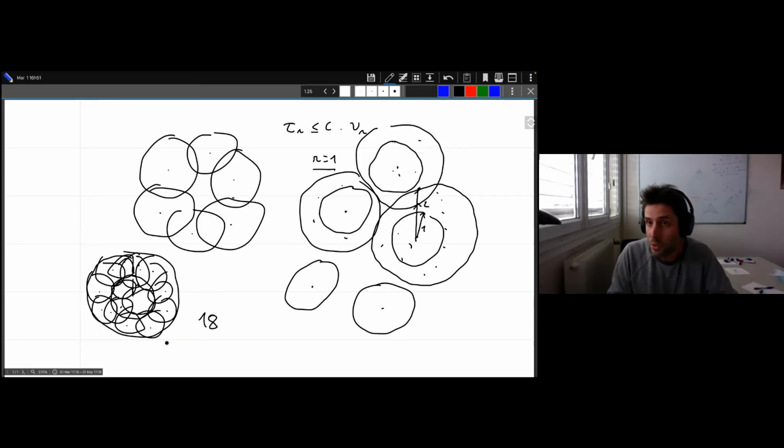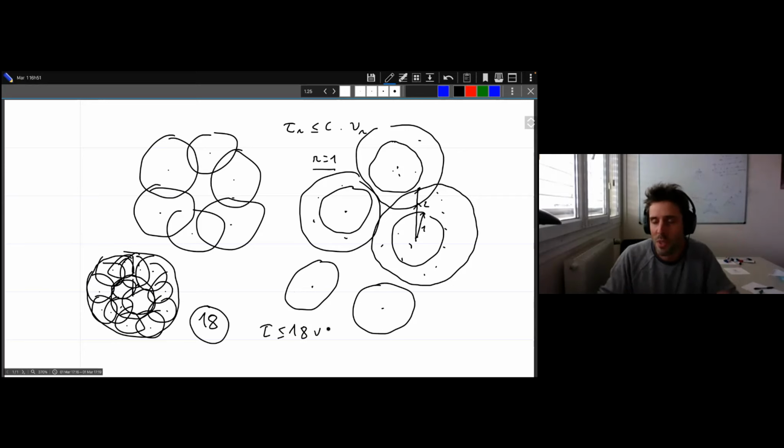And I claim that now you have a hitting set for all the balls that intersect this ball. This is because the center has to be there, and each of these regions has diameter at most 1, so each point has to be at most 1 from one of these points. So you have at most 18 points per ball, and you find that tau is at most 18 times nu.